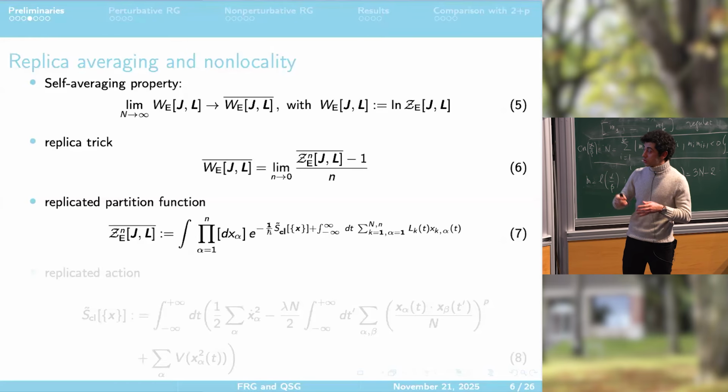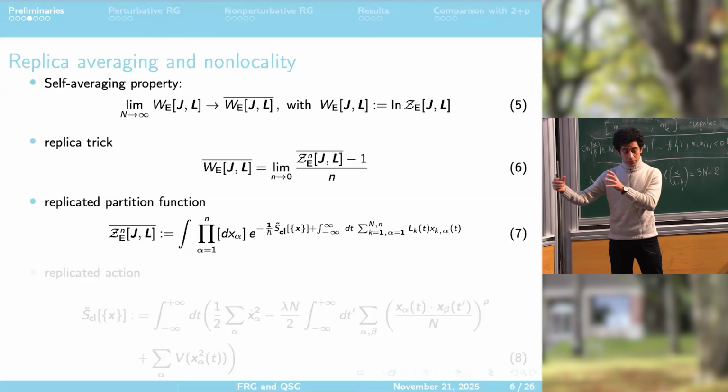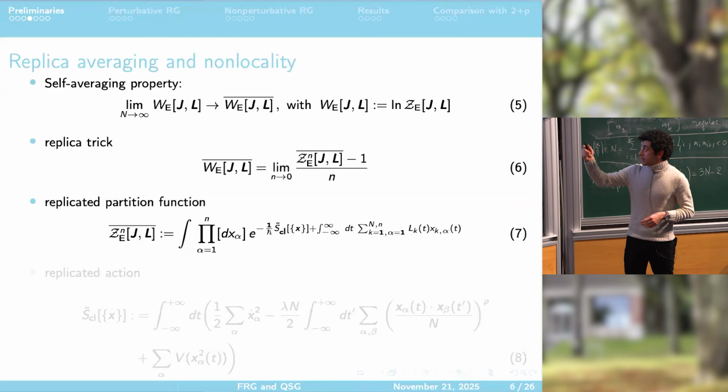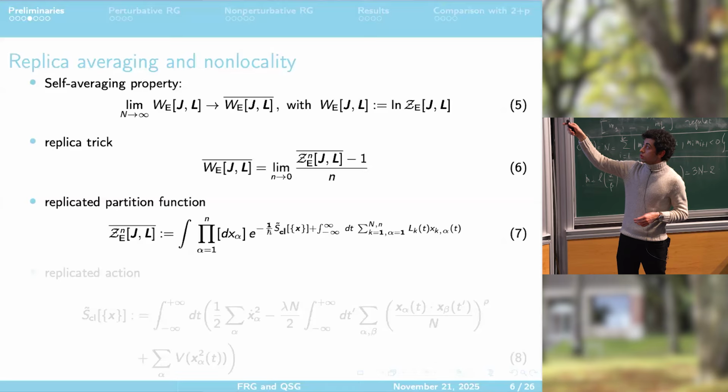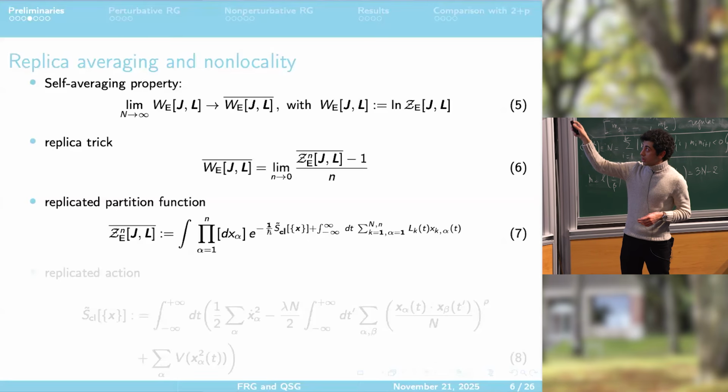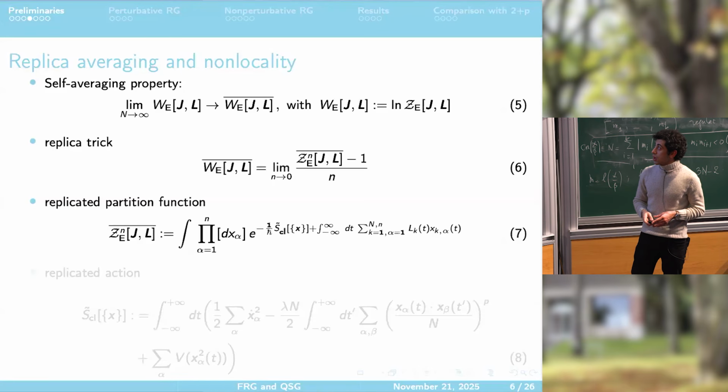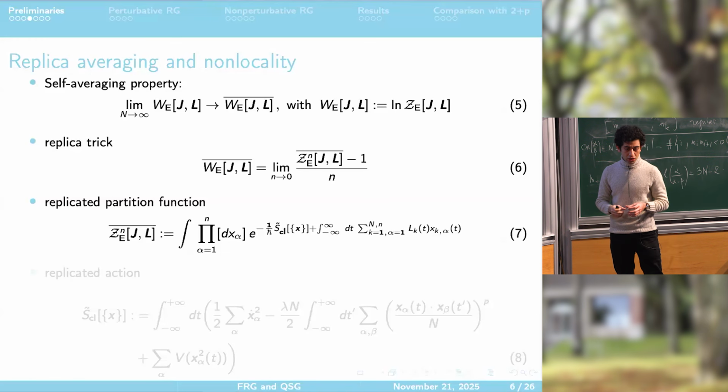So it's a path integral over each single replica, and then we have this modified action S tilde, plus, again, the coupling of the field from each single replica to some source.